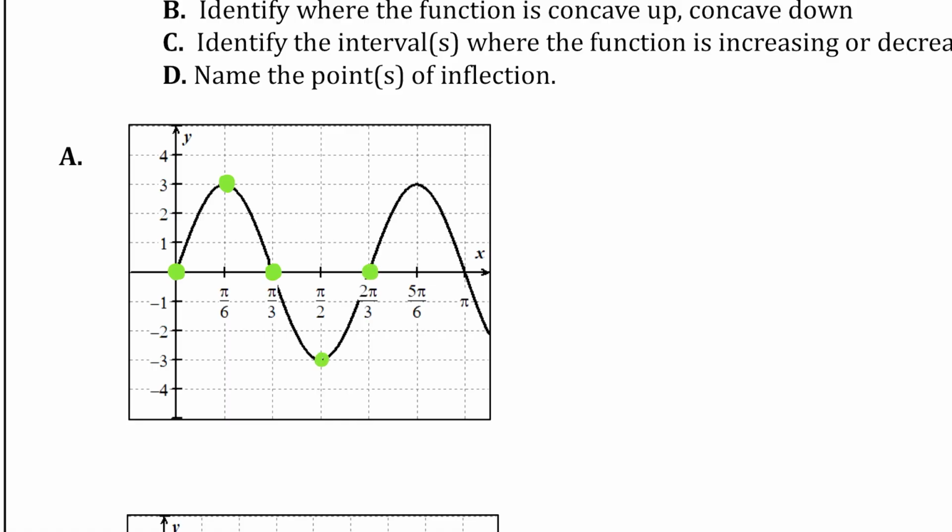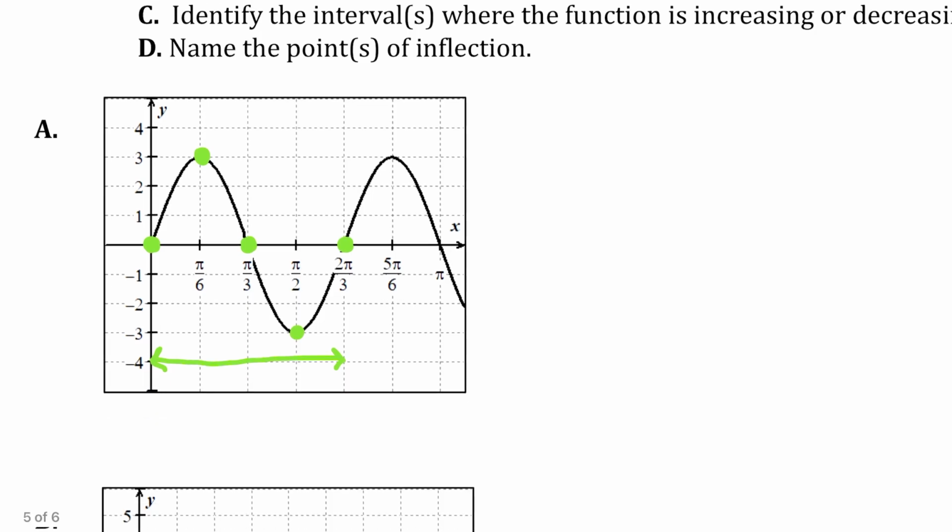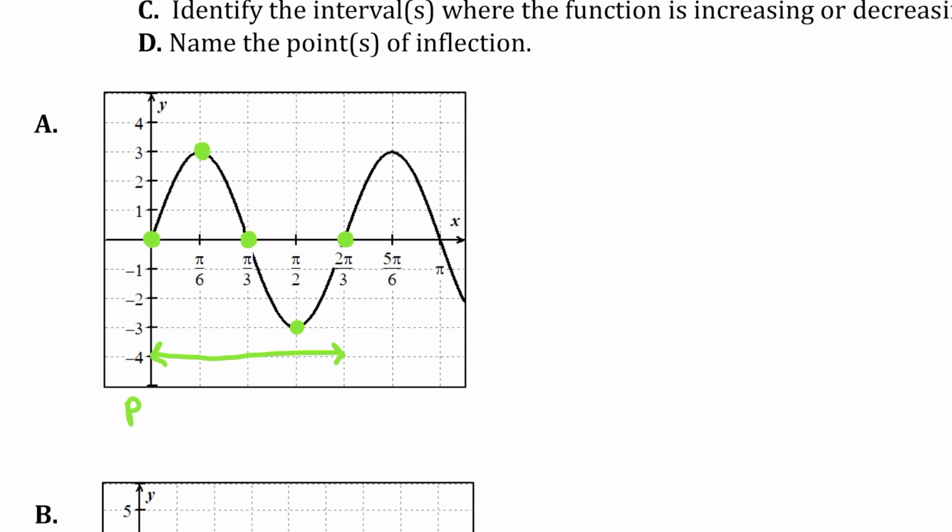And I'm stopping here, even though it shows us more, because this is just one period. This is the length of one full cycle. So it looks like our full cycle is from 0 to 2 pi over 3. Which means that our period is 2 pi over 3, right? Okay, cool.